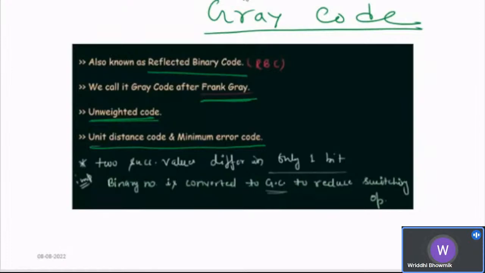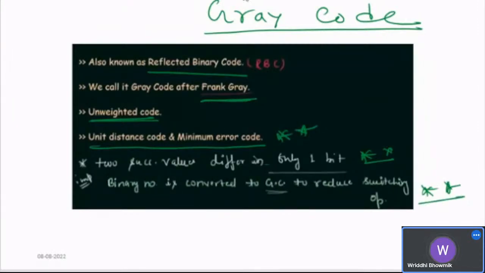Two successive values differ in only 1 bit, which is very much important. Binary number is converted to gray code to reduce the switching operation. Okay, so these last three points are very much important.